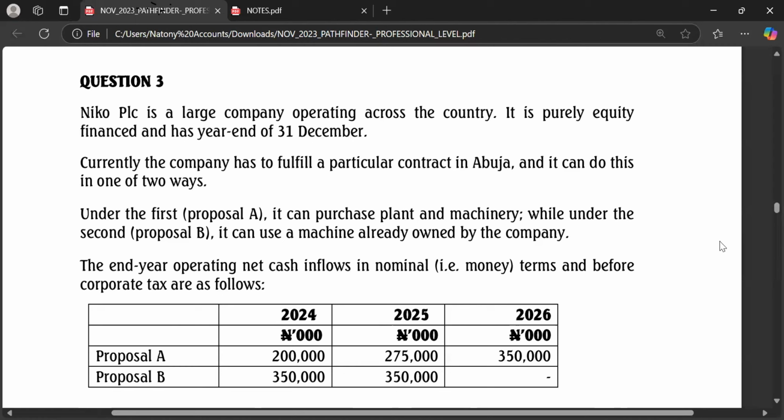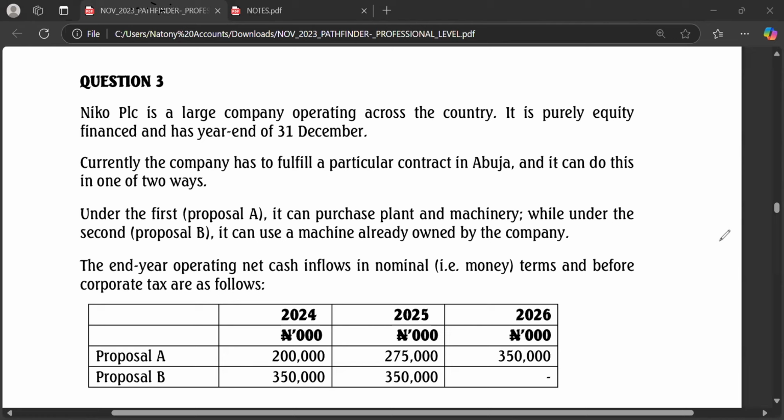Under the first proposal, which is proposal A, it can purchase a plant and machinery, while under proposal B, it can use a machine already owned by the company.